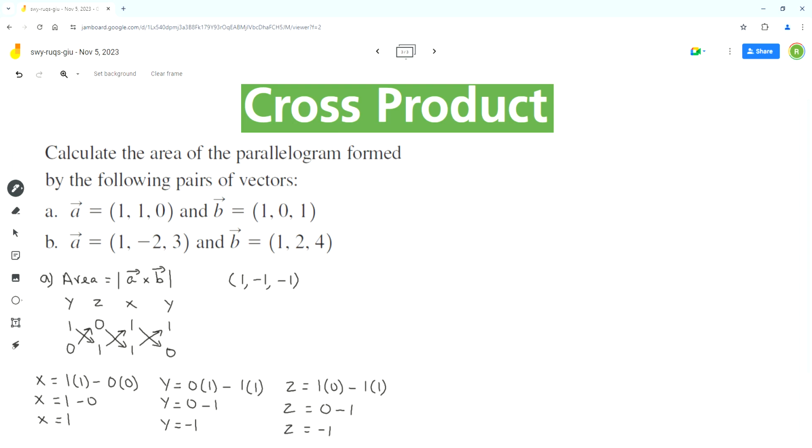Now we have to find the magnitude of this vector. For that, we'll square the components of this vector, add them, and apply square root to the sum.